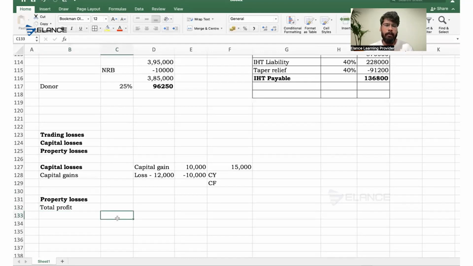First we should set off the property loss from the current year's total profit. And if the loss is still remaining, we can carry forward the unrelieved losses to future accounting periods. Okay, and there's a restriction while we are carrying forward the losses to the future.